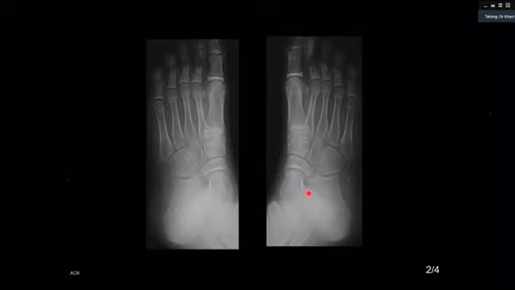Now, with that background, look at the concept. The concept is that coalition can be fibrous, cartilaginous, or bony. Bony means there is a bony bar. When there is cartilaginous or fibrous coalition, you will see some changes around in the bone: sclerosis, the joint space might be reduced, and things like that.